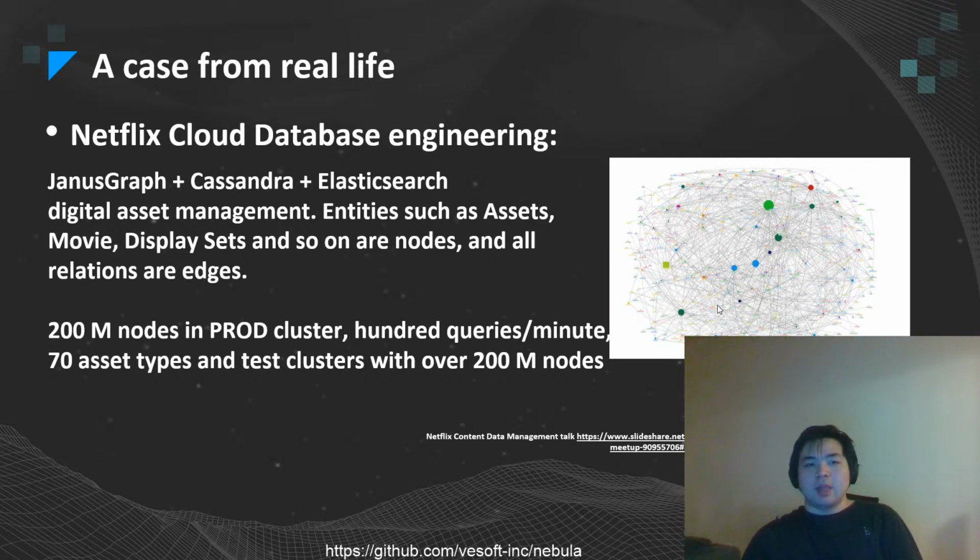The relationships here build up the different kinds of assets. Every day there are 2 million nodes in the cluster and hundreds of queries or updates per minute, and it is able to run them in real time.